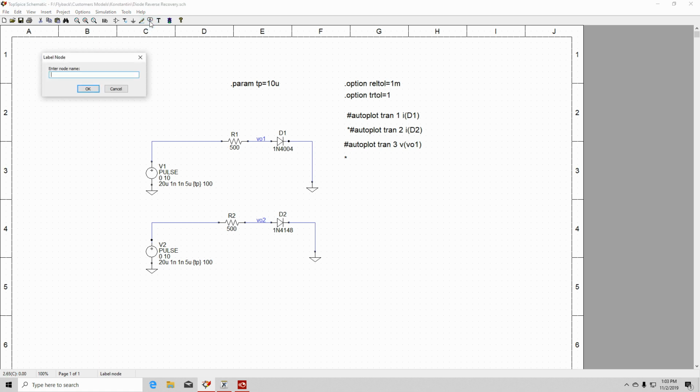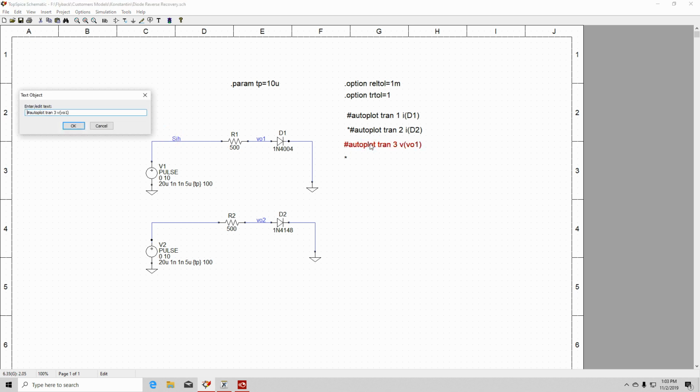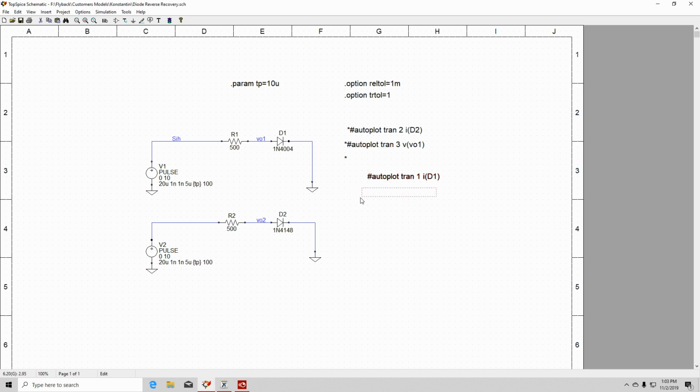Let me put signal here, and I'm going to comment this out because I want to show that the current is actually there and dissipates.